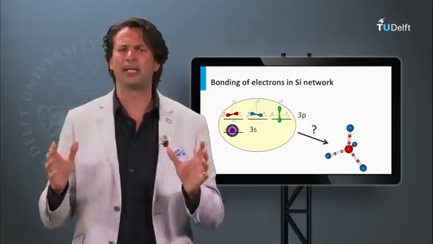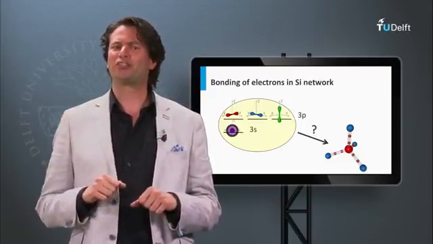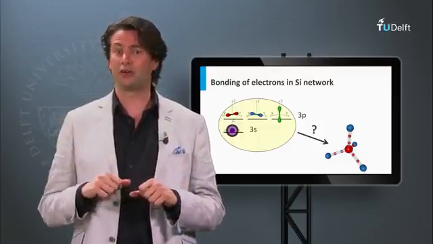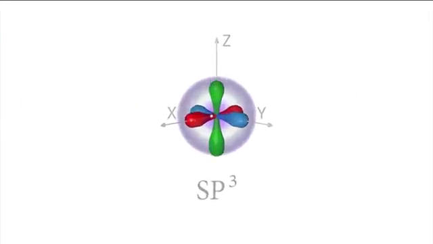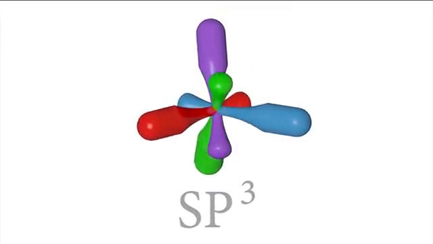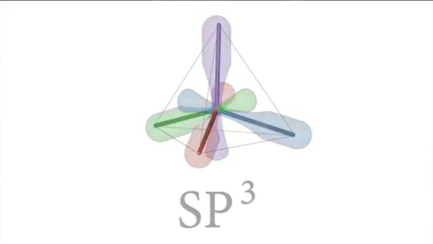How are these states related to the orbitals? To explain this, we consider 1 electron in the 3s state and 3 electrons in the 3p state. We now make a cocktail of orbitals. We will mix these 4 states. In nature, it appears that these 4 states mix into effective 4 symmetric states.